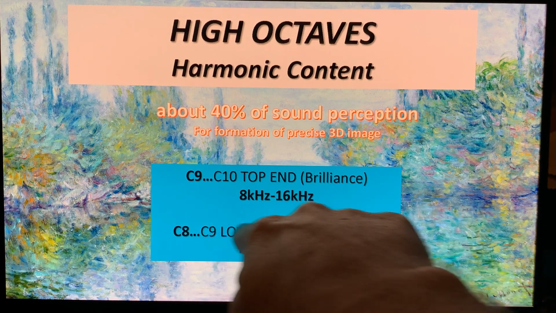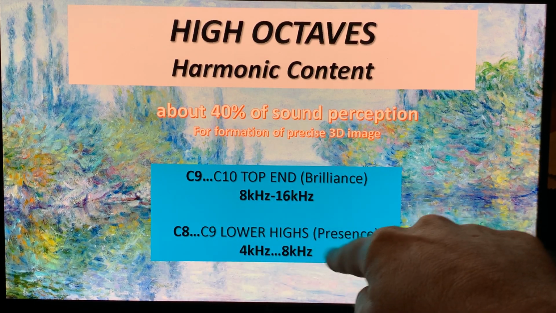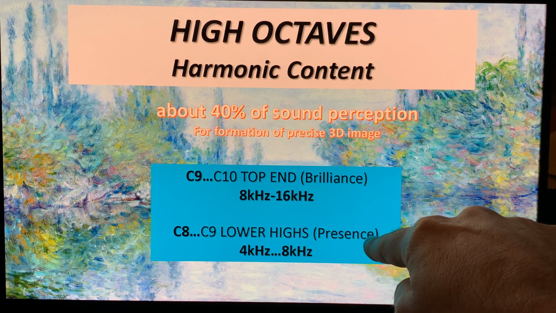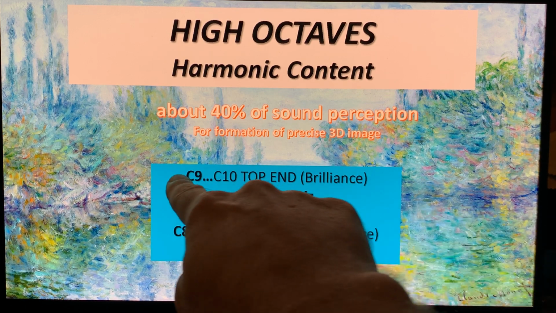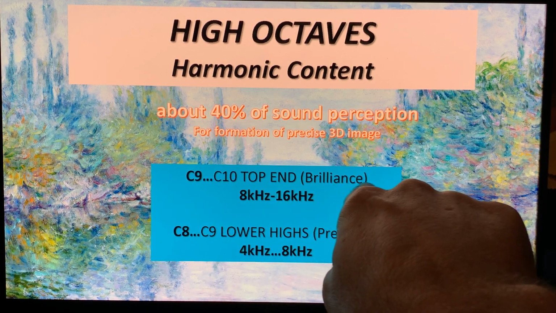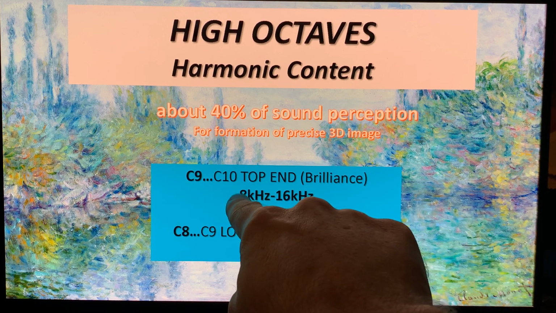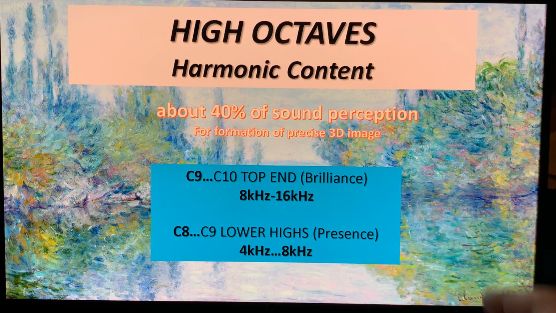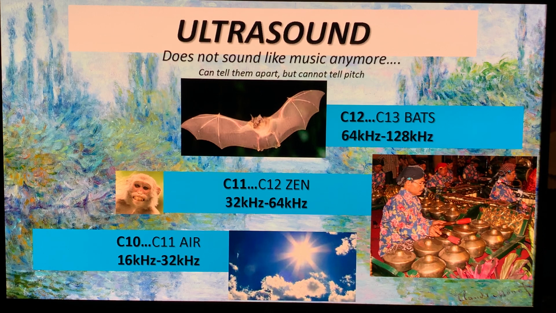The C8 octave is the lower highs, generally called the presence, which gives the presence of sound, and the C9 octave is called the brilliance, so 8 to 16 kilohertz and 4 to 8 kilohertz.